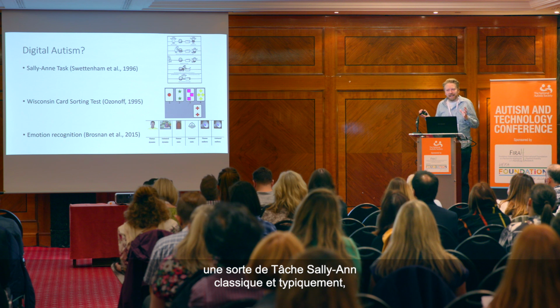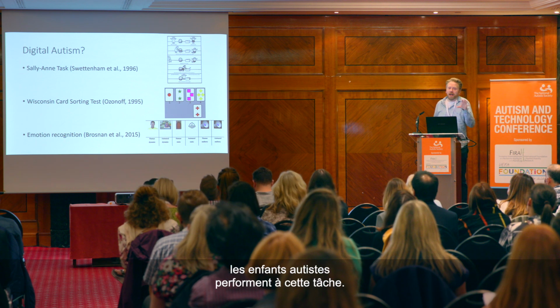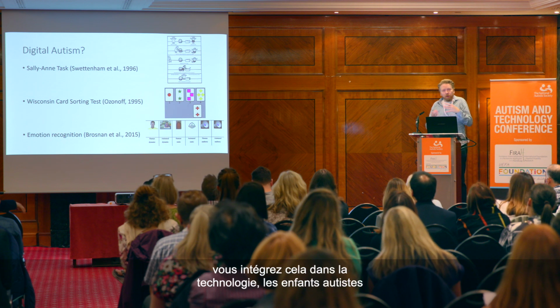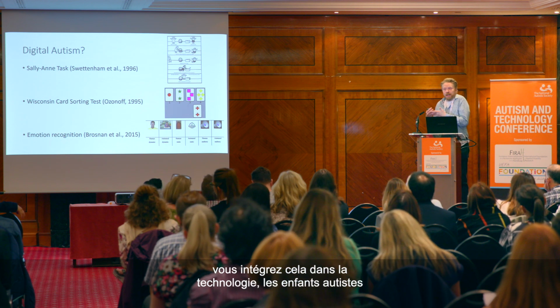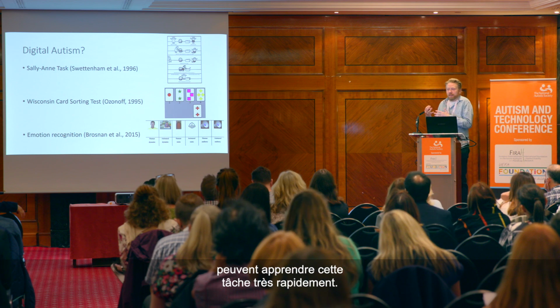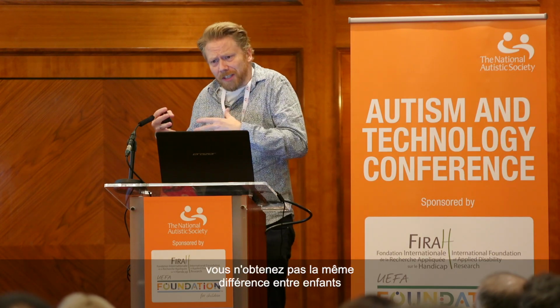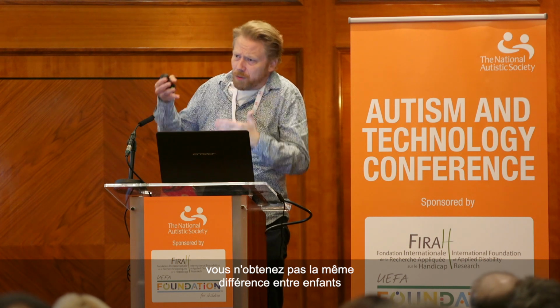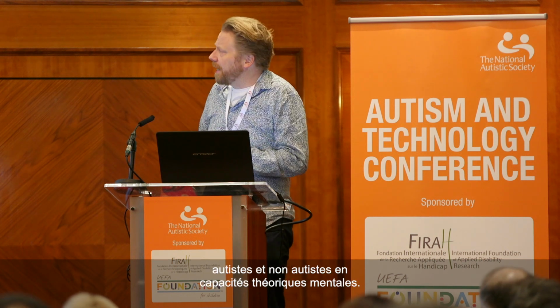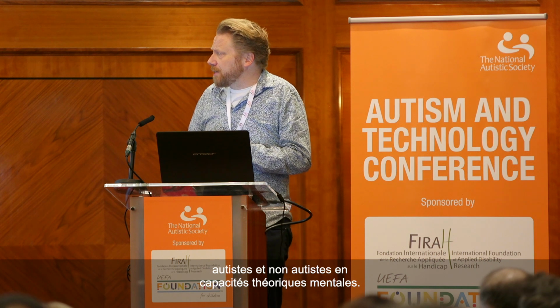It's the classic Sally-Anne task, and typically autistic children underperform on this task. However, what Swettenham was showing was that if you embed this within technology, autistic children can learn this task very quickly. So with this technology-mediated version, you don't get the same difference between autistic and non-autistic children in theory of mind type abilities.